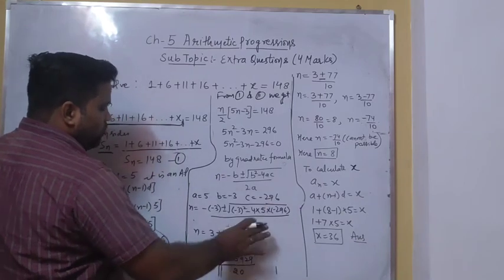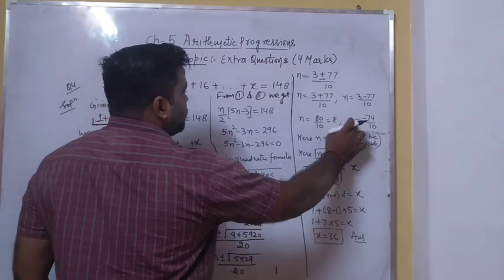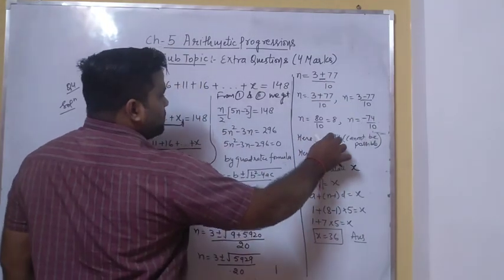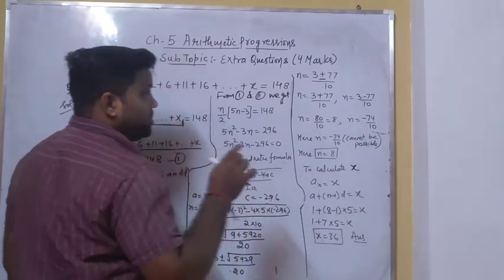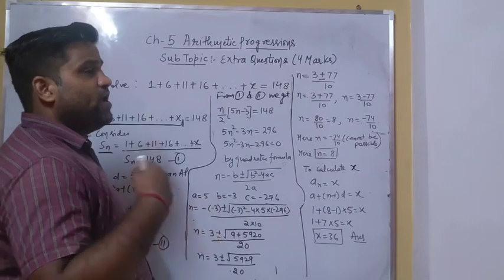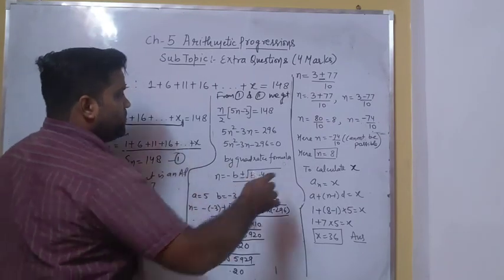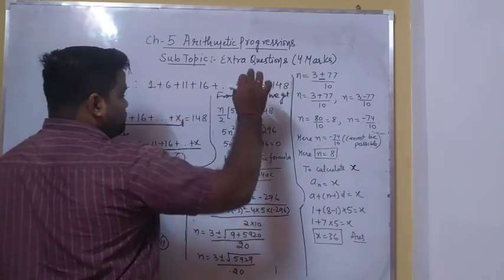On putting all the values and solving, we get n equal to 8 and n equal to minus 74 by 10. The value n equal to minus 74 by 10 cannot be possible, because n cannot be a fraction or decimal; it should be an integer. So we will take n equal to 8, as we have to calculate the value of x.